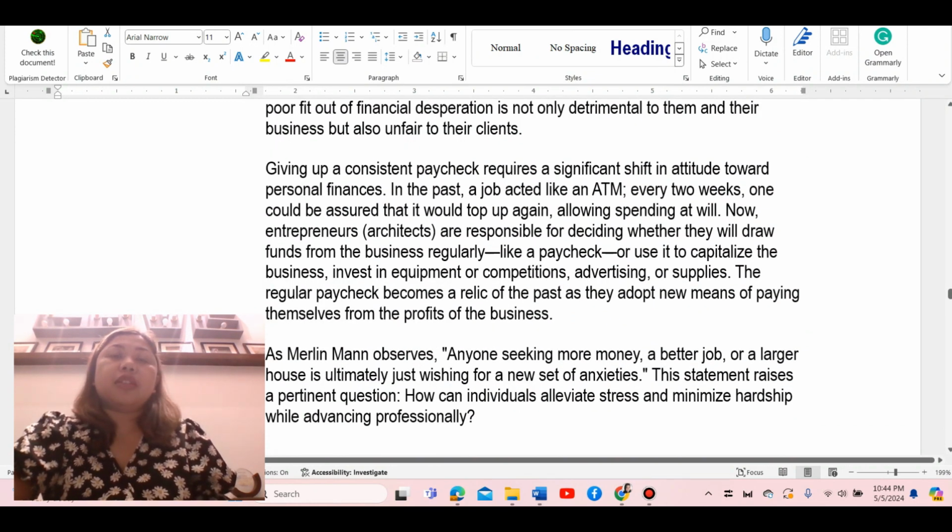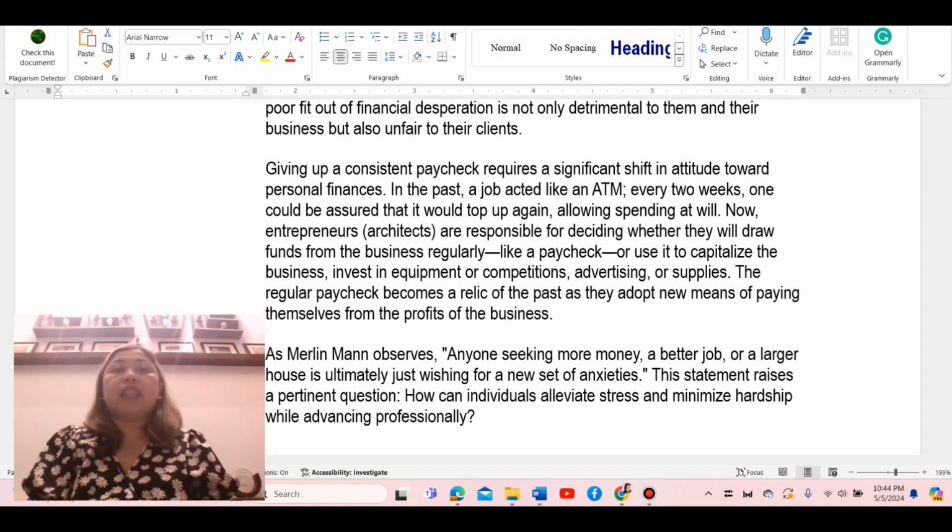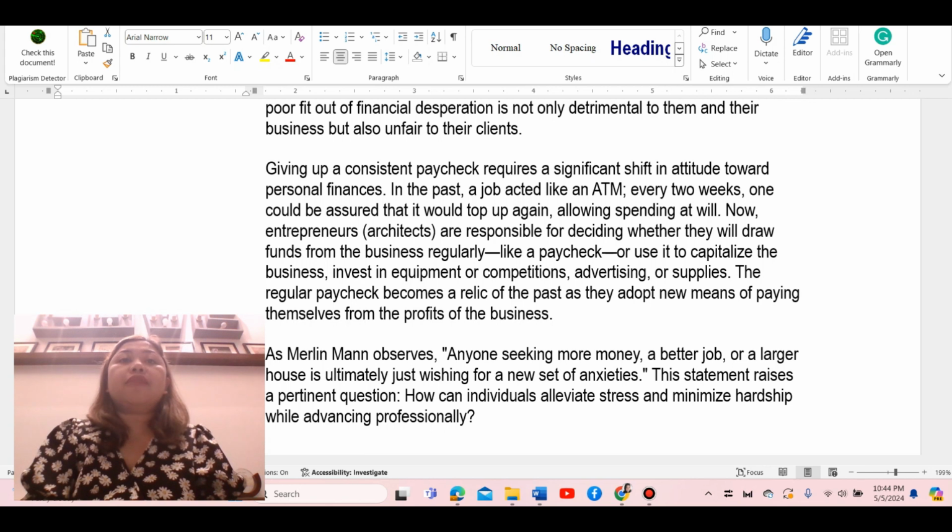Giving up a consistent paycheck requires a significant shift in attitude towards personal finances. In the past, a job acted like an ATM. Every 2 weeks, one could be assured that it would top up again, allowing spending at will.